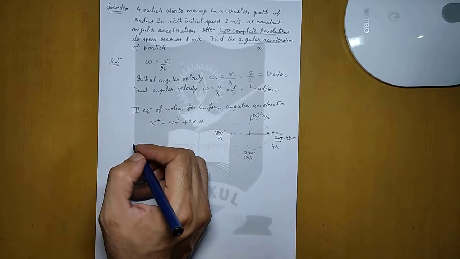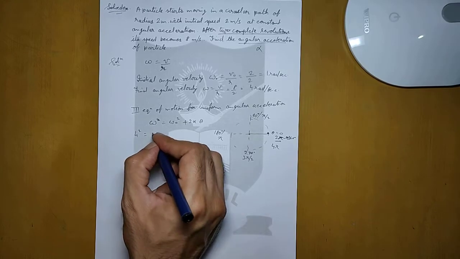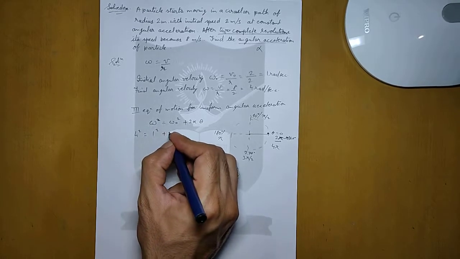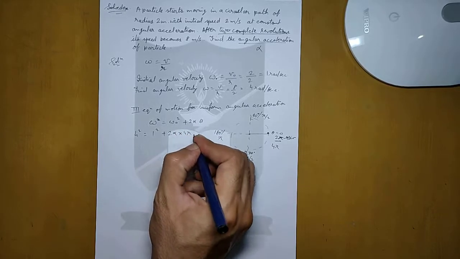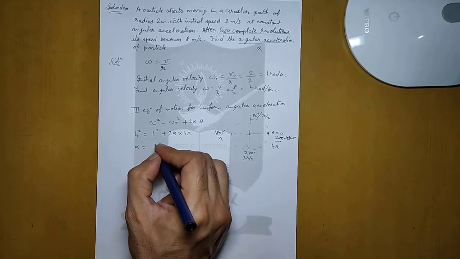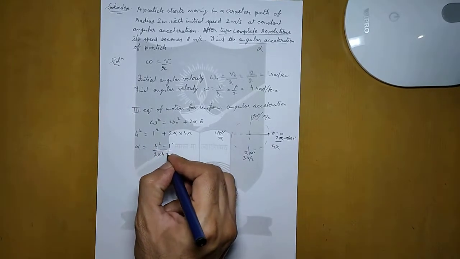So now if we substitute the values, then omega squared is 4 square, and this is 1 square plus 2 alpha, and theta is equal to 4 pi. So if we find the value of alpha, it will be equal to 4 square minus 1 square upon 2 into 4 pi.